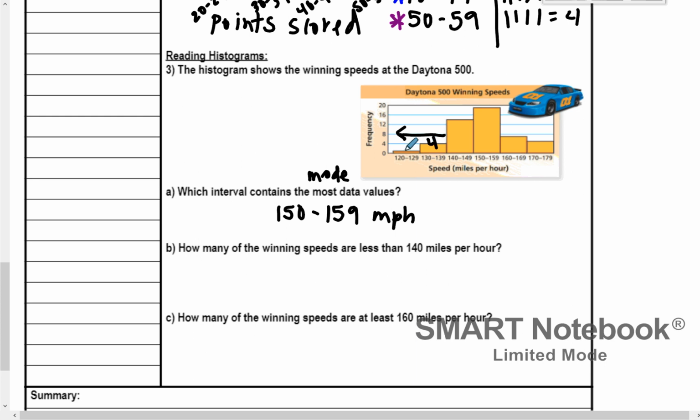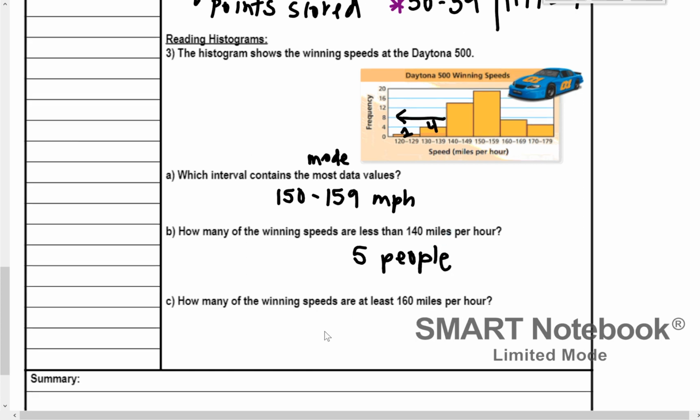We go to our first bar. Remember, I had said that's about 1, because if it was 2, it would be more in the middle, and if it was 3, it'd be closer to the 4. So this would be 1. So how many people had said that their winning speed was less than 140 miles per hour? That would be 5 people.